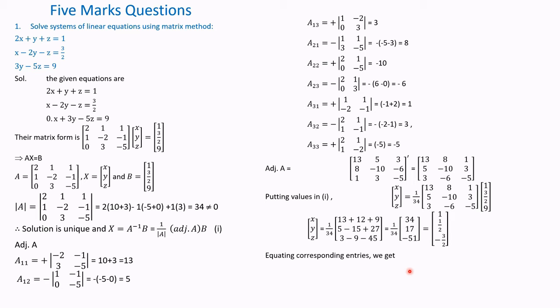Therefore, equating the entries of matrix X, that is X, Y, Z, and matrix B on the right hand side, 1, half and minus 3 by 2, we get X is equal to 1, Y is equal to half, and Z is equal to minus 3 by 2.